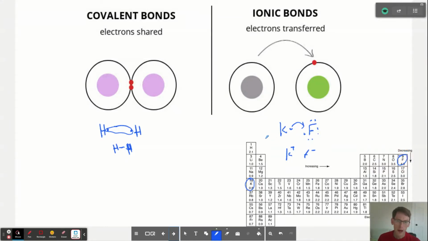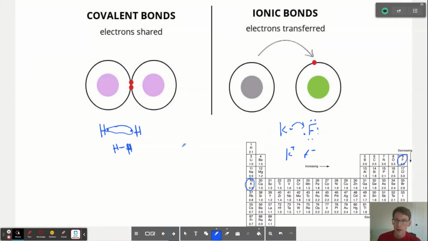Now, I want to point out that whether something is ionic or covalent has to do with the electronegativities of the elements involved. You may recall that electronegativity is essentially how strongly an atom is able to pull the electrons towards itself when chemically bonded.